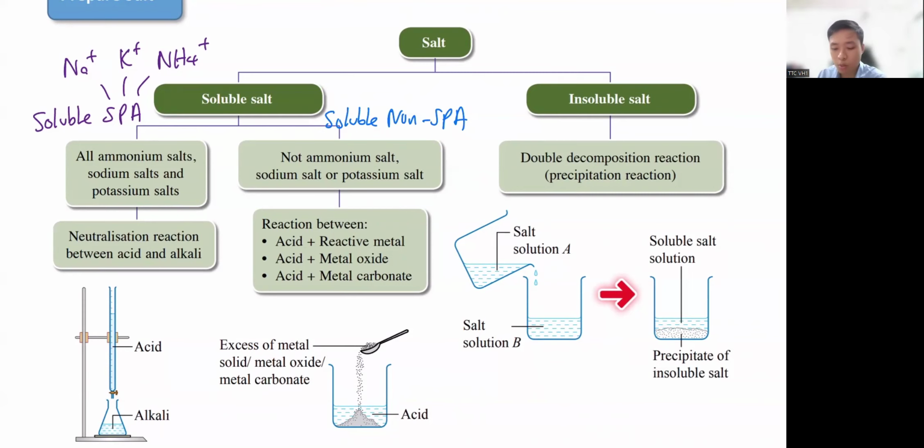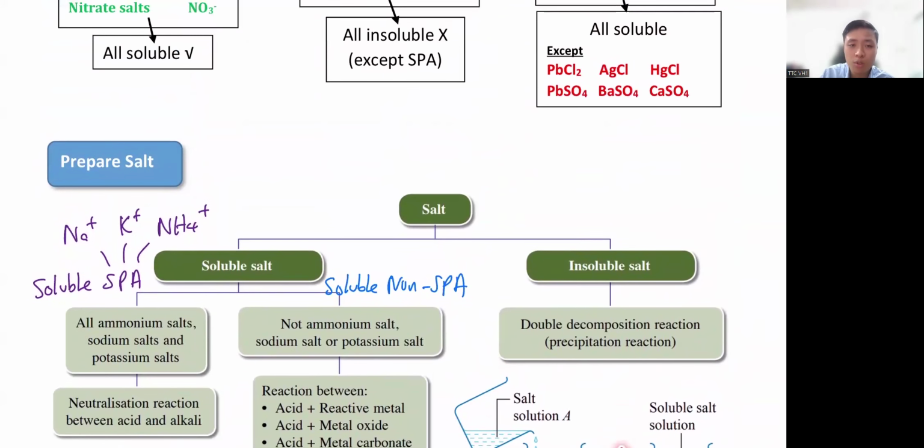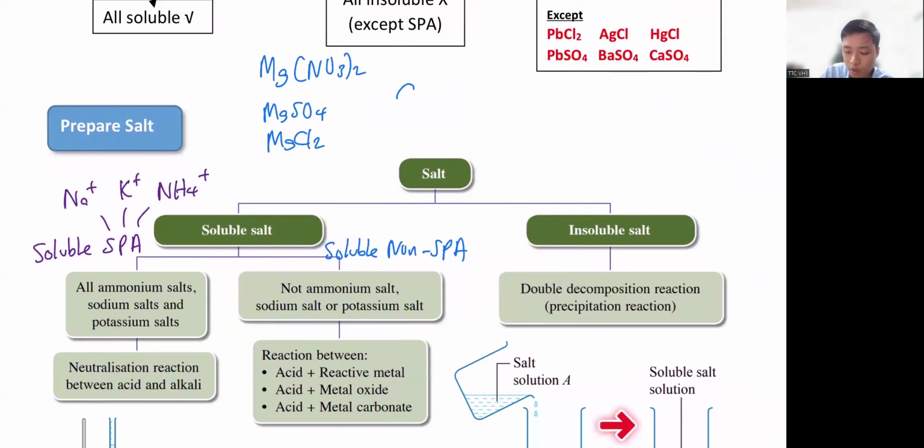So how do we remember this now? It means other soluble salts, for example magnesium nitrate, MgSO4, MgCl2, CaCl2 or copper nitrate. How do I prepare them?